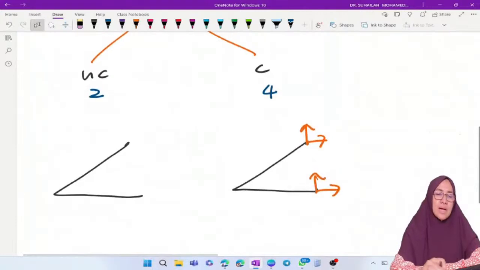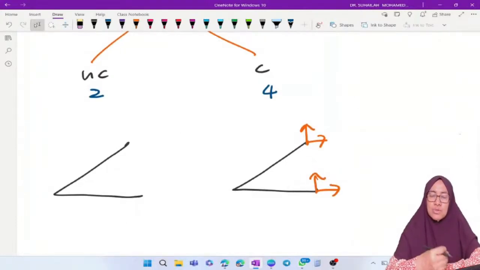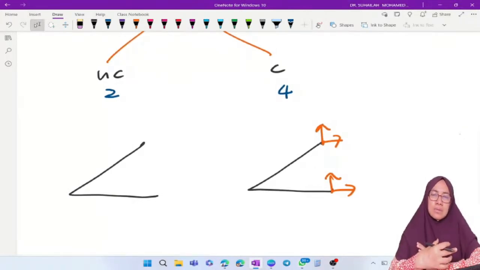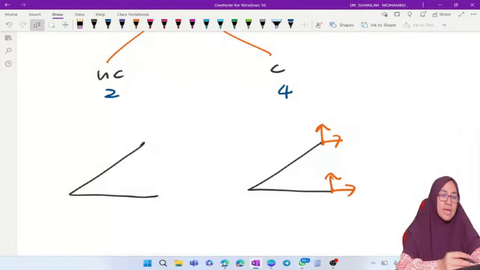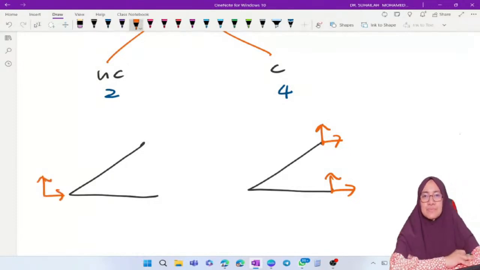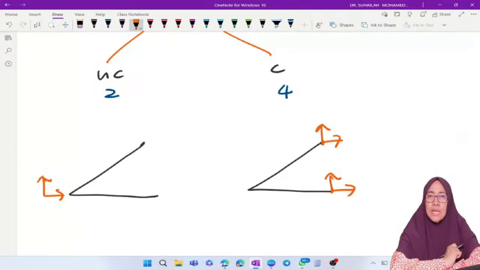Now we have the remaining 2. The remaining 2 we have to put under the unconstrained system to complete the rest. So we put another 2 at node number 2 like this. Then only we label.